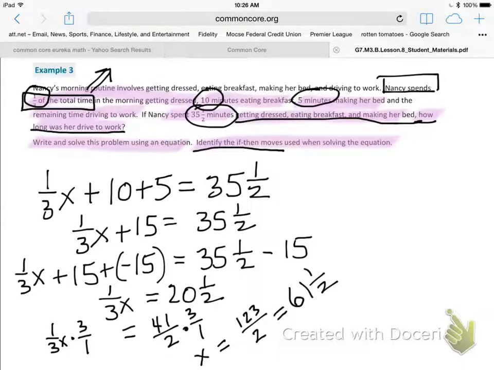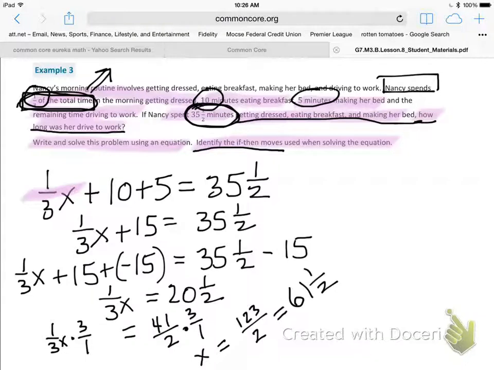We do know that those 3 bits, the getting dressed, eating breakfast, and making her bed, all equal 35.5 minutes. So the way we can write 1/3 of the total time is 1/3 x, which is right here. Okay, and you might have missed that.